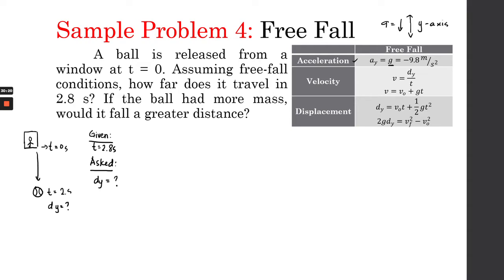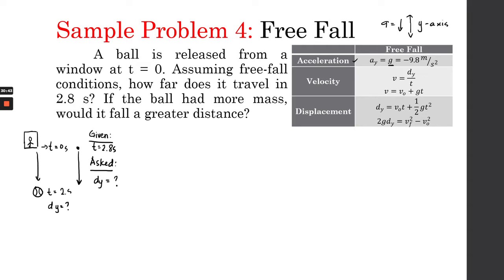Remember for free fall, the point of release, the point where you release it to fall down or to throw it up, we can treat as our origin. So in this case, the window would be our origin. From the point of origin, we're basically going down.